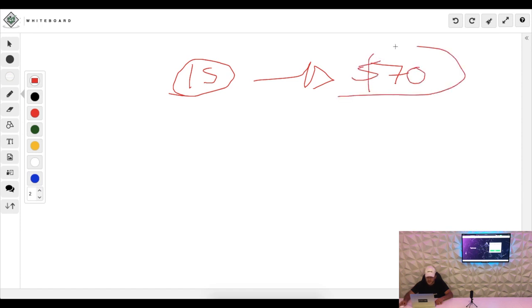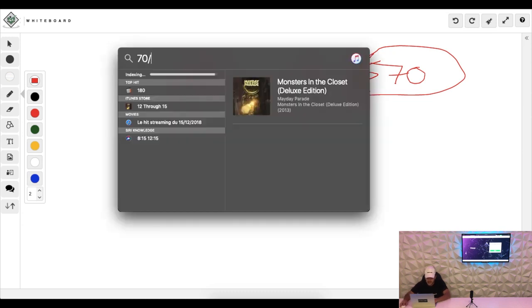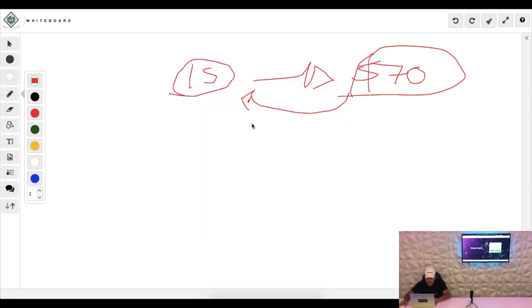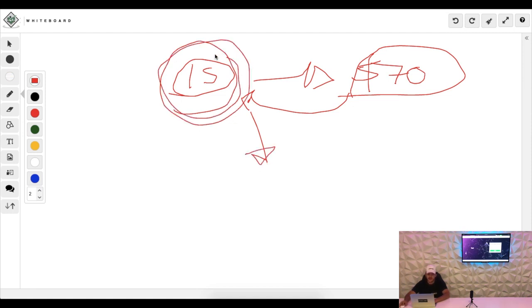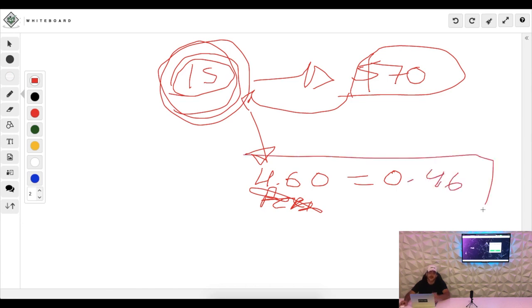And you do the reverse math. You take 70, divide by 15, and then you get your lot size. So you should trade on this potential trade that has 15 pips of stop loss with $4.60 per pip. That will get you a lot size of 0.46.